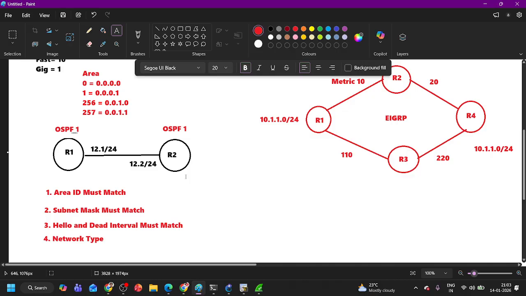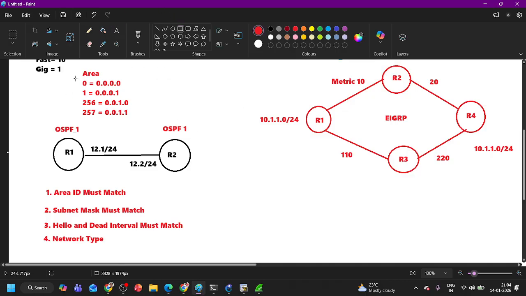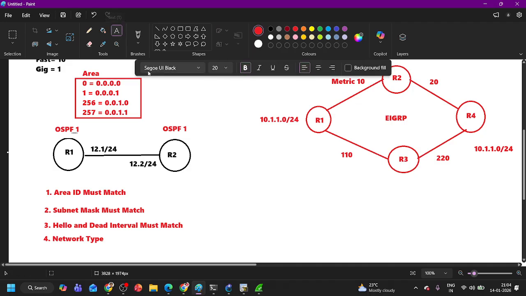I have a question. You mentioned that we need to define the area in two ways, right? One decimal format, one is IP format. So what is the conversion calculation here? I don't get it actually. You didn't get this conversion? Yeah. So is the limitation from 0 to 255, or how many areas can we define in total? 2 power 32. Okay. So what is the calculation?